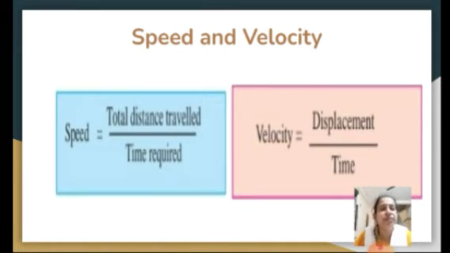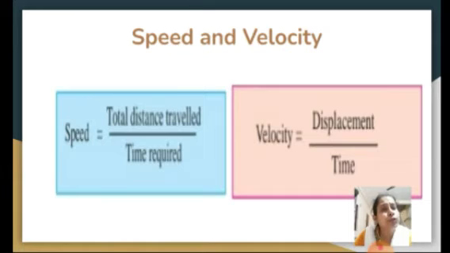speed of the vehicle. If it is travelling 10 kilometers in an hour, then its speed will be 10 kilometers per hour. If it is going 120 kilometers per hour, that means in 1 hour it can travel around 120 kilometers, then its speed will be 120 kilometers per hour. So that is the speed.